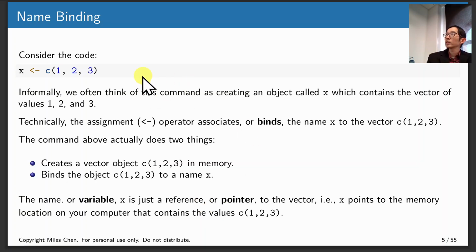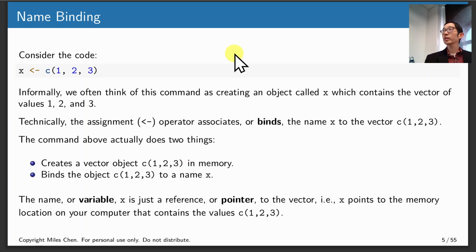So let's just look at a very basic piece of code here. We say x <- c(1, 2, 3). Informally, the way we think about this is we're creating an object x that contains the values 1, 2, 3.